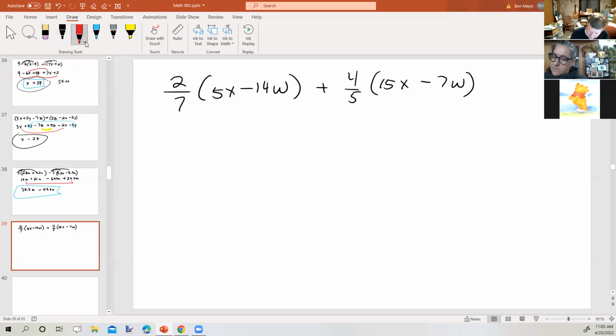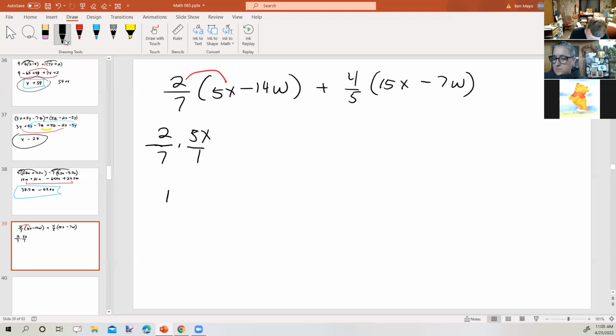So inside the first parentheses, 5x minus 14w, those are not like terms, so I can't combine them. So I'm forced to distribute the 2/7. So we're going to get 2/7 times 5x, and that 5x is over an implied 1.